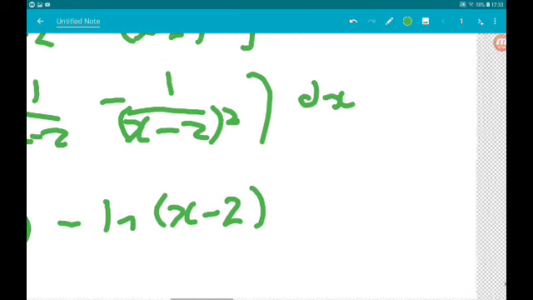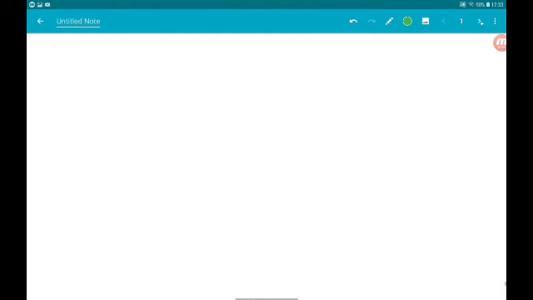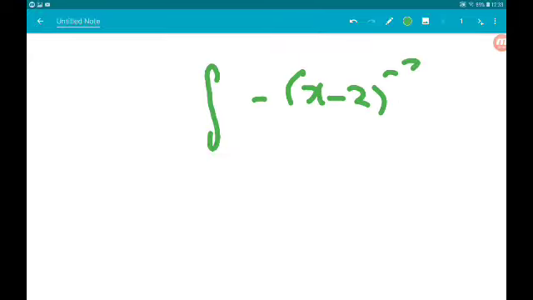Now the integral of minus 1 over (x minus 2) squared, let's just go over here. So this is the integral of minus (x minus 2) to the minus 2 with respect to x.